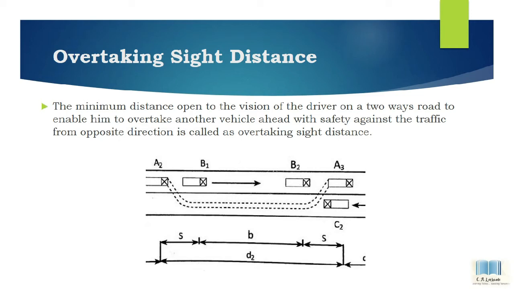This distance is the overtaking sight distance for vehicle A.